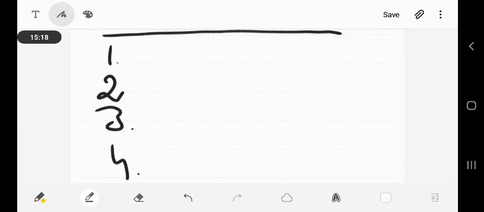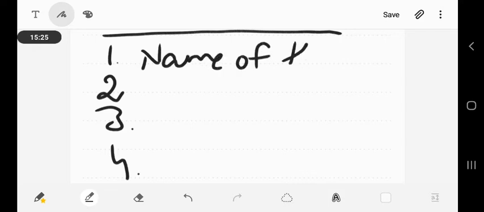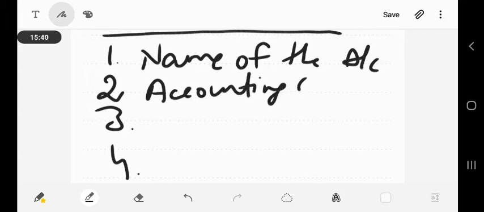What is the first one? Name of the account. The second one could be accounting code. And the third one could be date of transaction.